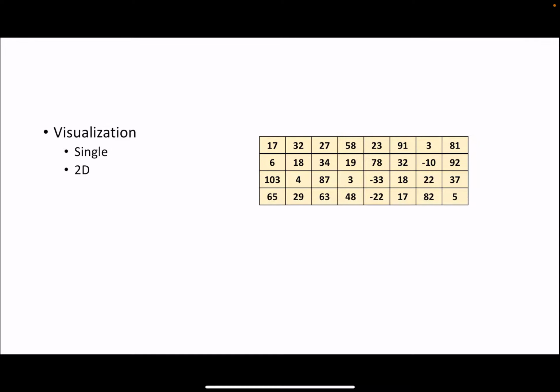For the two-dimensional array, basically you can think of it as a table. In this table, you have rows and columns. Sometimes a two-dimensional array is very complex. For example, they have four rows with 1, 2, 3, 4, 5, 6, 7, 8 columns.